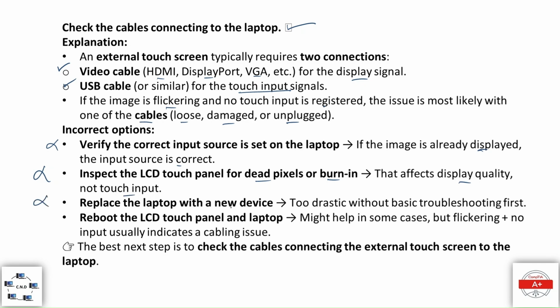Replace laptop with a new device is too drastic without basic troubleshooting. And reboot the LCD touch panel and laptop. This might help in some cases, but flickering plus no input usually indicates a cabling issue. So the best next step is to check the cables connecting the external touch screen to the laptop.